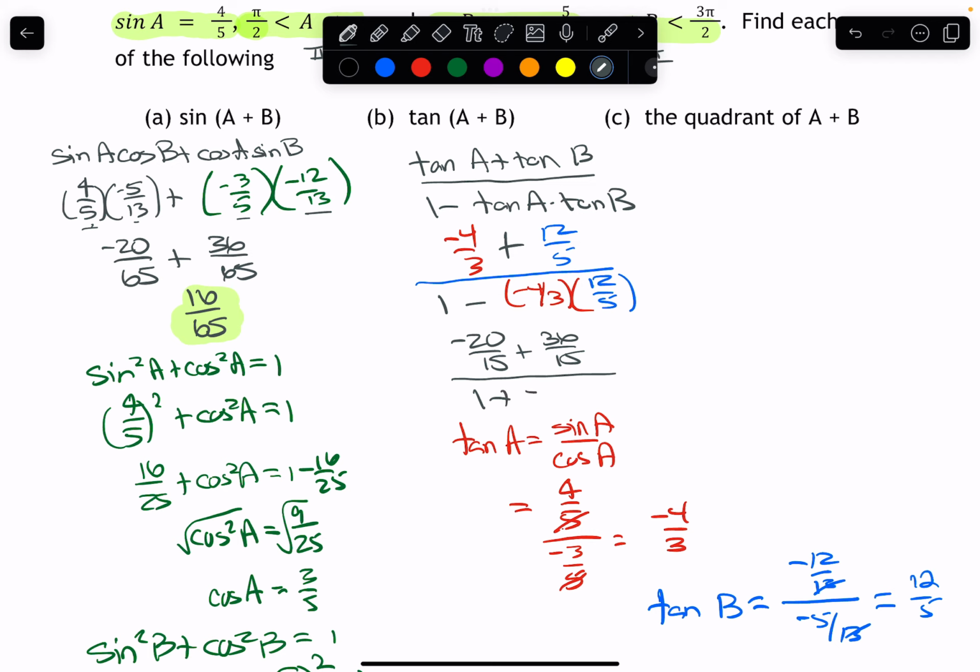And then this is going to become 48 over 15, and a negative times a negative makes it a positive. Here's where I'm going to go right. So that's going to become 16 over 15. And this is going to become 15 over 15. So 15 plus 48 makes 63 over 15. Just like we did here, the common denominator will cancel. And the tangent of A plus B is 16 over 63.